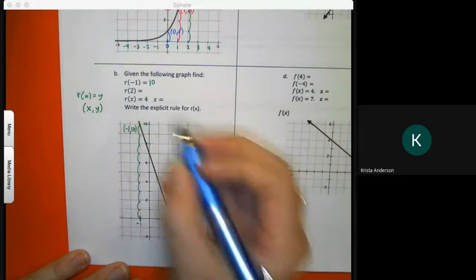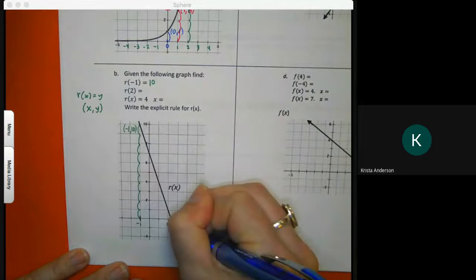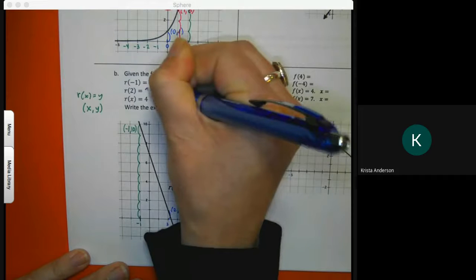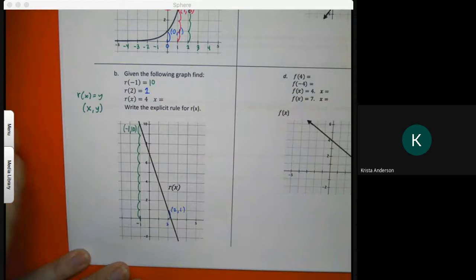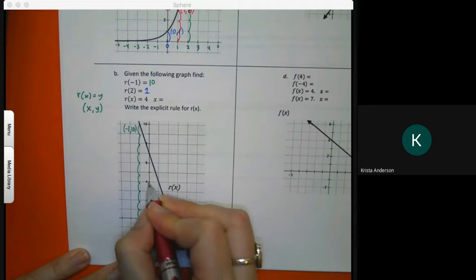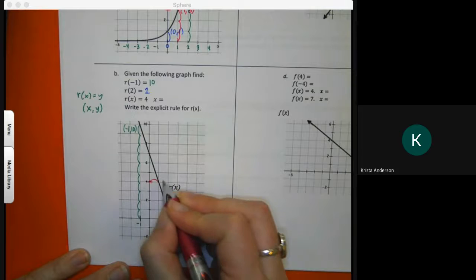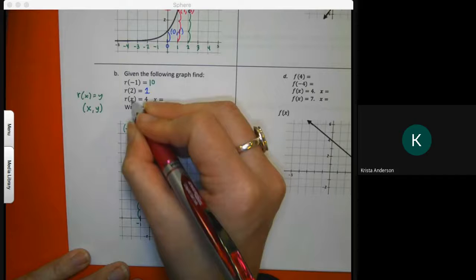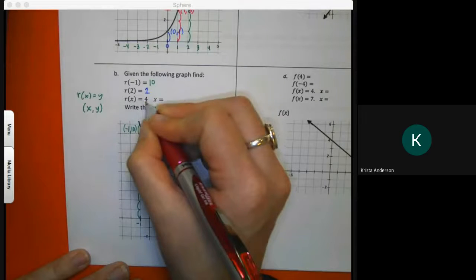Negative 1 is up 10. Where is it when it's a 2? 2 is up 1. Where is it a height of 4? 1 is up 4. So whenever it's a 1 here, it'll be at 4.